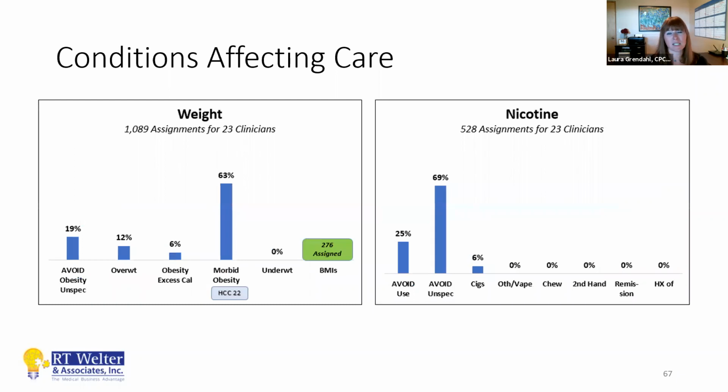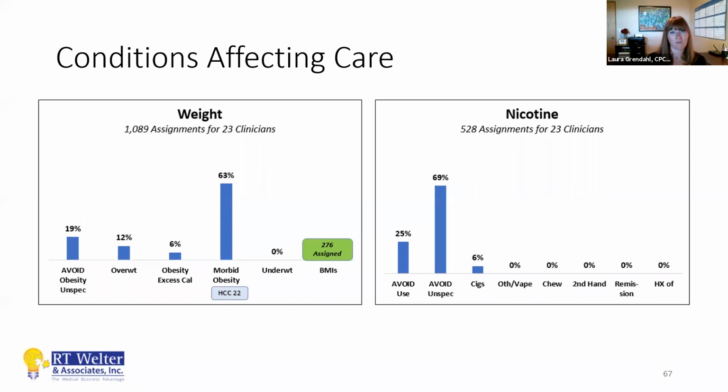And then here is conditions affecting care. And this is where we're going to start talking about morbid obesity, making sure that we have those codes properly assigned, including our BMIs when available. And it should always be available, right?